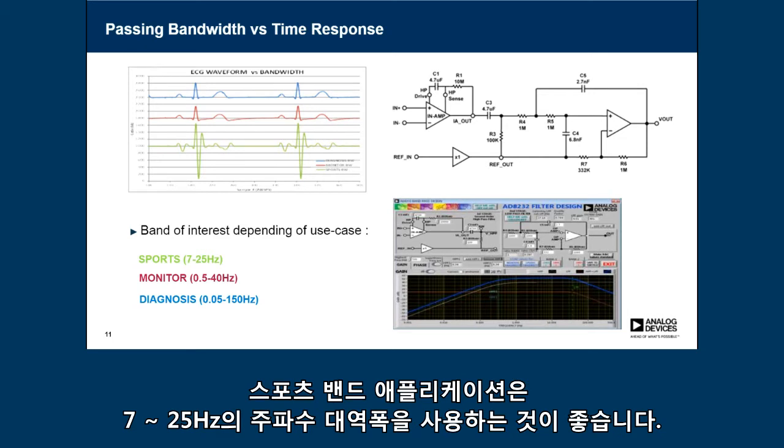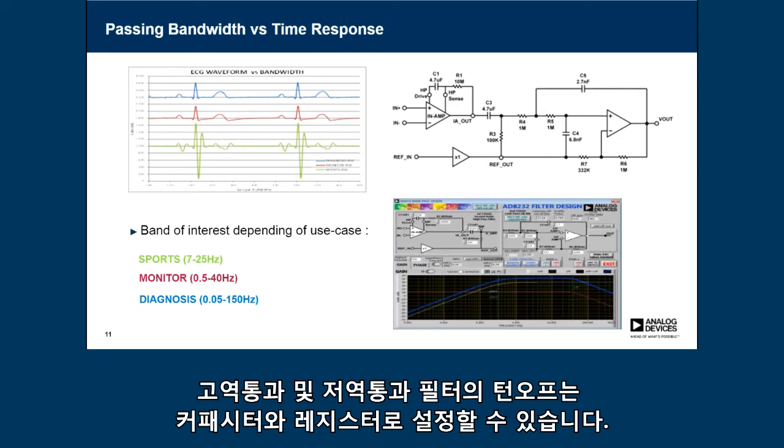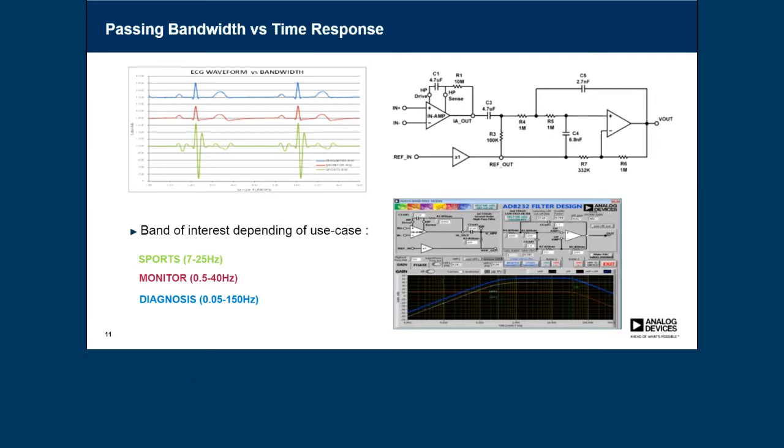So in a sports band application, we recommend the user to have a frequency band from 7 to 25 Hertz. And the high pass and low pass filter cutoffs can be set by capacitors and resistors.